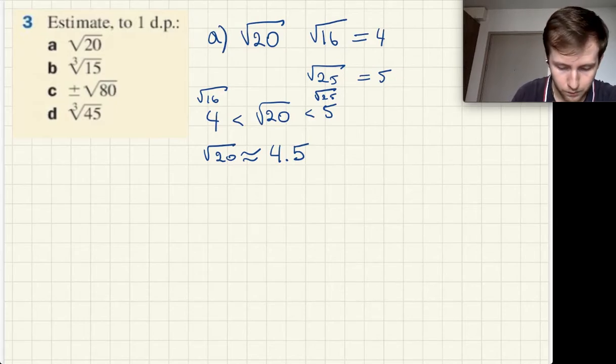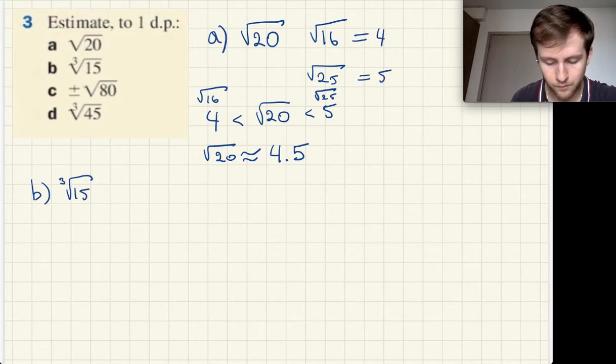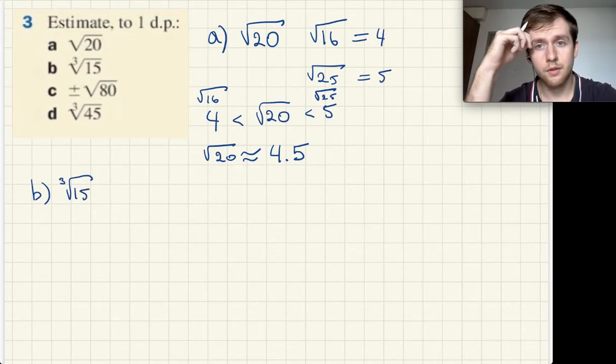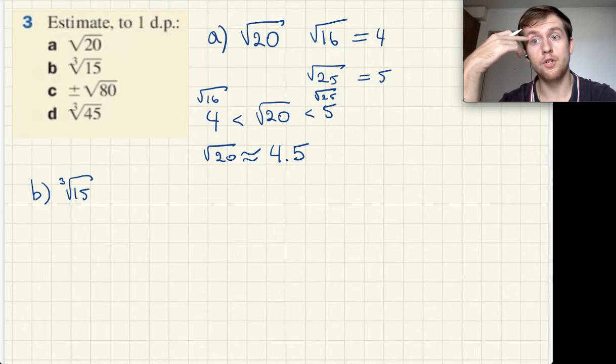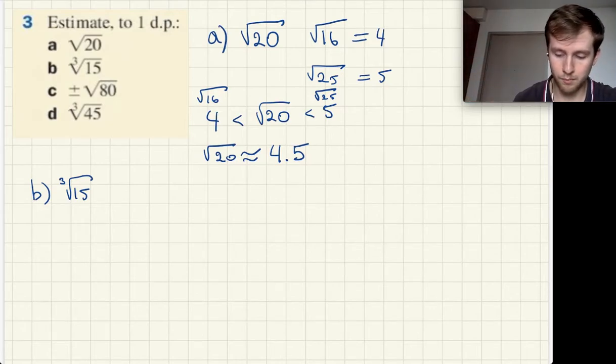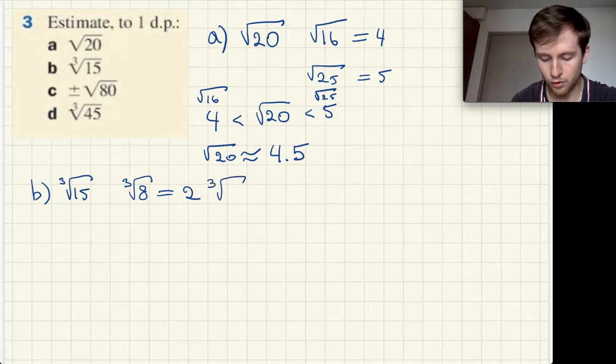Next we have cube root of 15, right? And so cube root of 15, of course we don't know, but let's try to remember which are the closest numbers which we know cube root of. So we know cube root of 8 is equal to 2, and we should know that cube root of 27 is equal to 3.